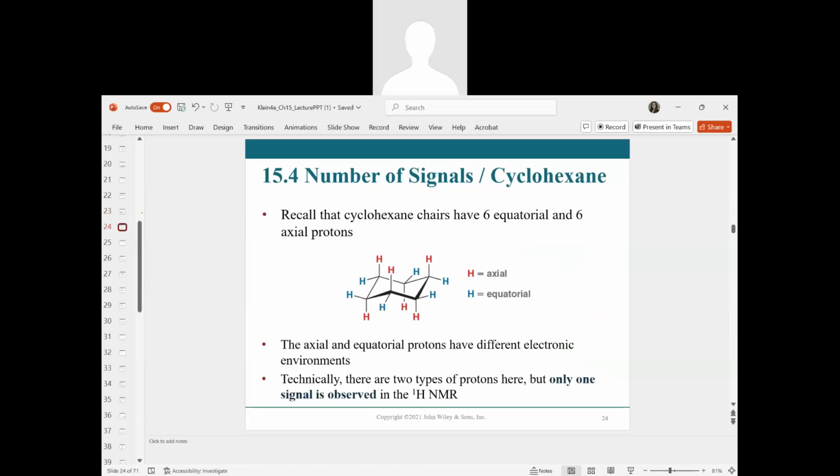So that brings us to cyclohexane, and we know that there are two types of protons because we looked extensively at our ring structure here, cyclohexane. We know that there are 6 equatorial and 6 axial protons. And we should see 2 distinct signals, but at room temperature, generally only 1 signal is observed.